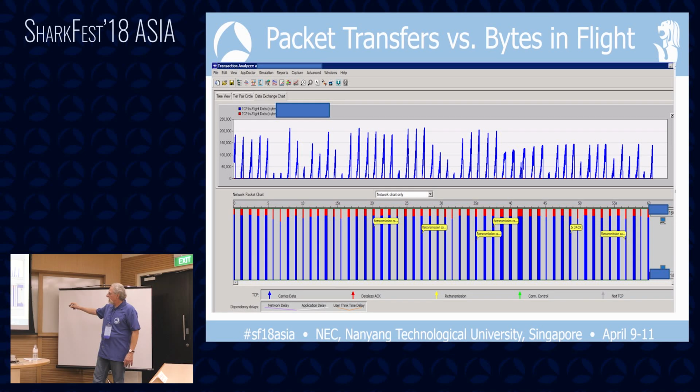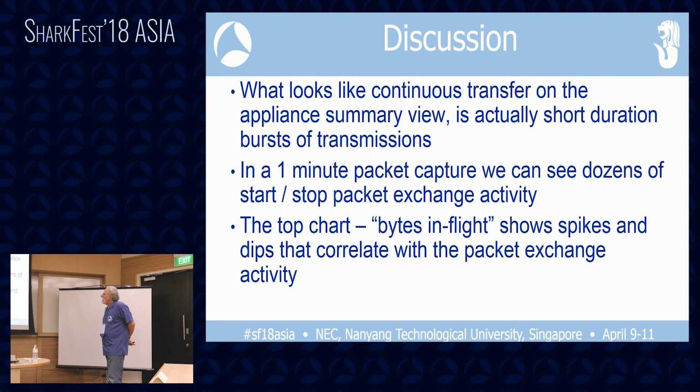And this chart is a time series chart of the in-flight data: how much data was in flight for each one of those bursts over a given period of time. So a couple surprises about the choppiness of the transmissions. On the appliance, it looked like continuous traffic, but really it's short duration bursts.